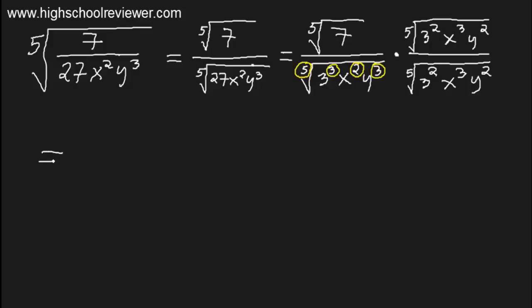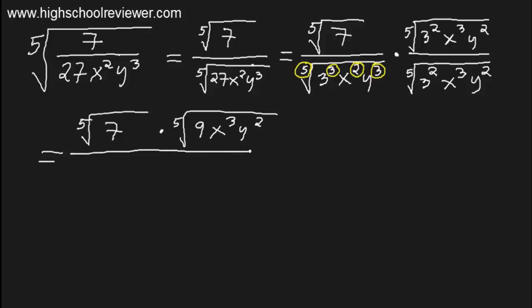So continuing, we will have the fifth root of 7. Multiply this by the fifth root of 3 raised to 2, that will be equal to 9. So this will be 3 raised to 2, which is 9, and then x cubed y squared all over.